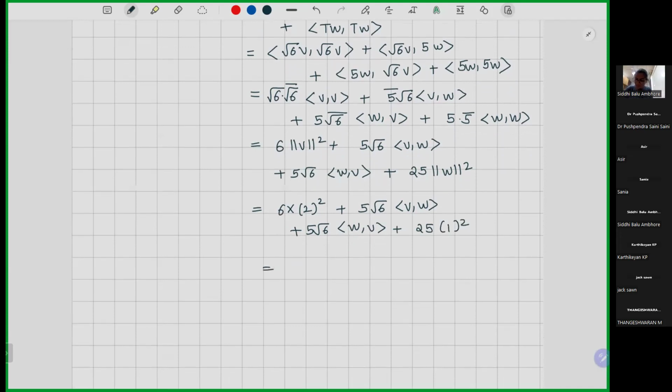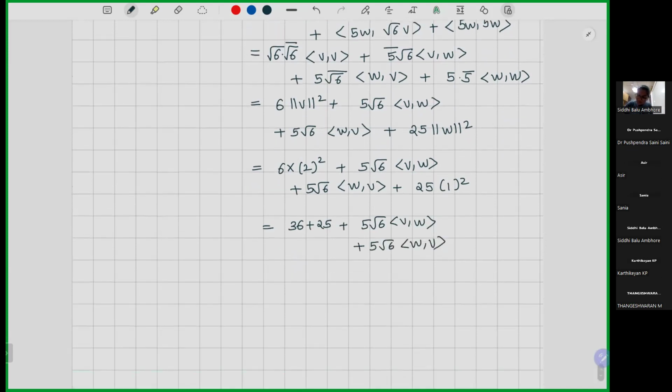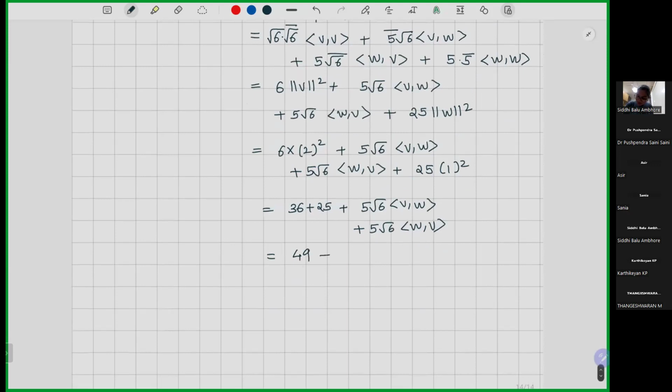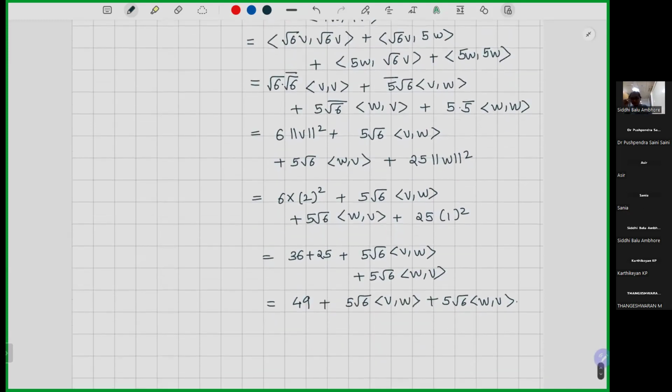This becomes 24 plus 25 plus these two terms, plus 5 root 6. Can we somehow get rid of these two terms? Oh, sorry, in place of 36, that is 24.